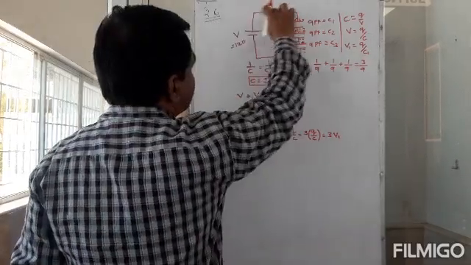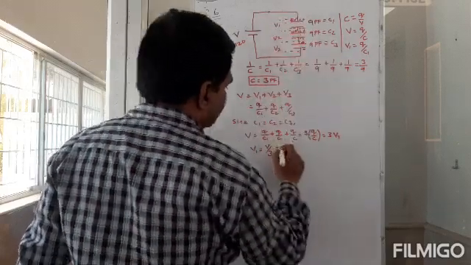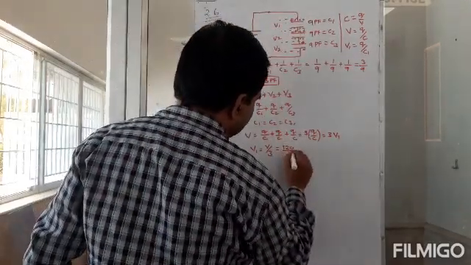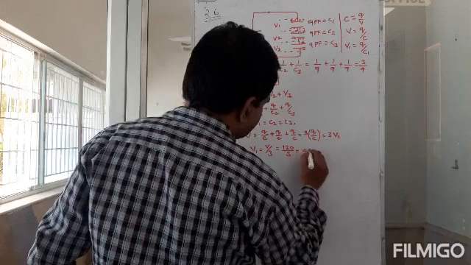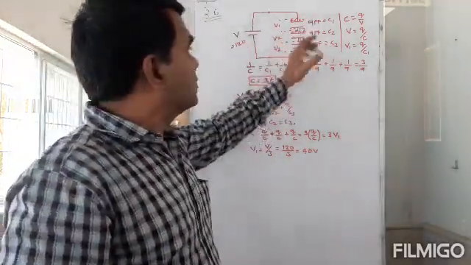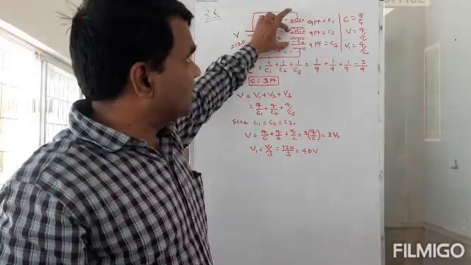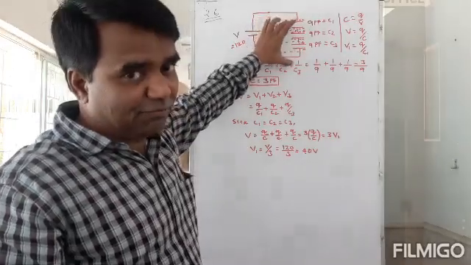So this is 120. That 120 will be equally divided, 120 by 3, 40 volts. Because you have the same capacitances and the same charges, the potential across each capacitance would be the same value.